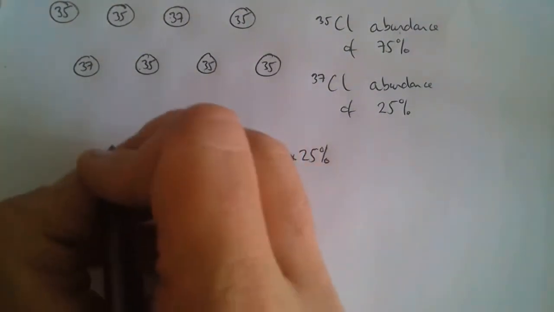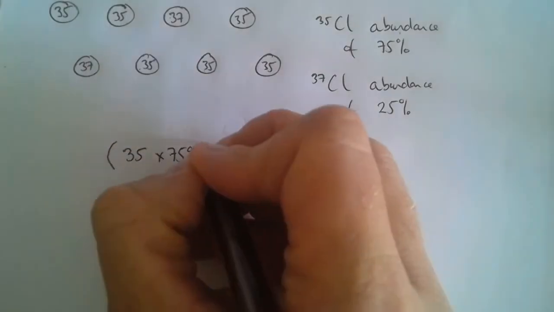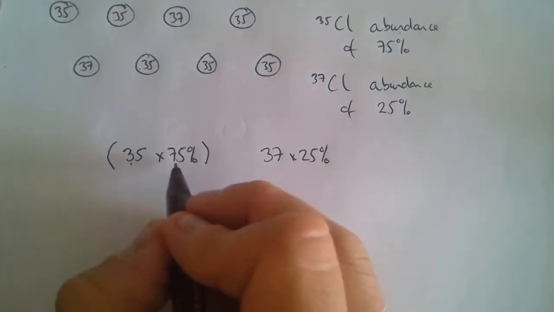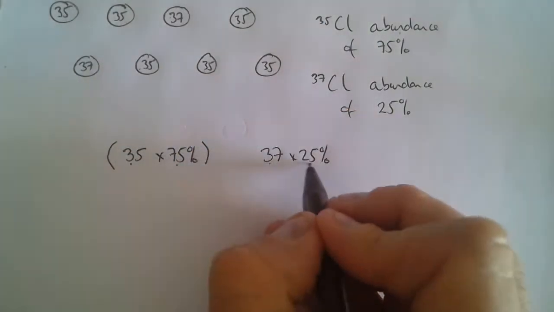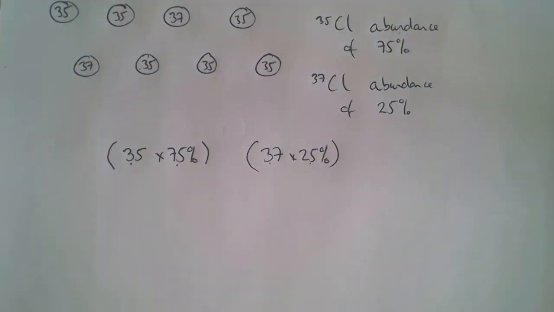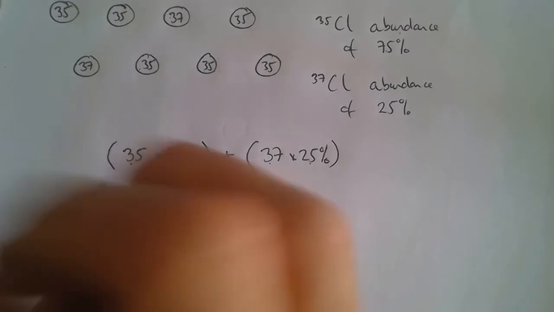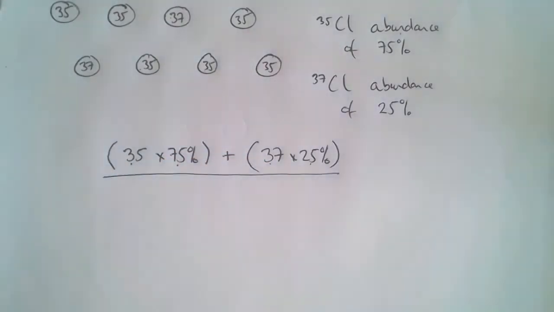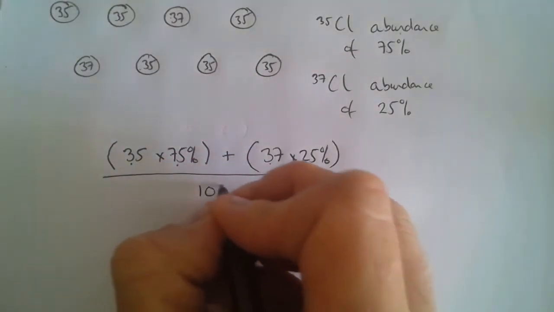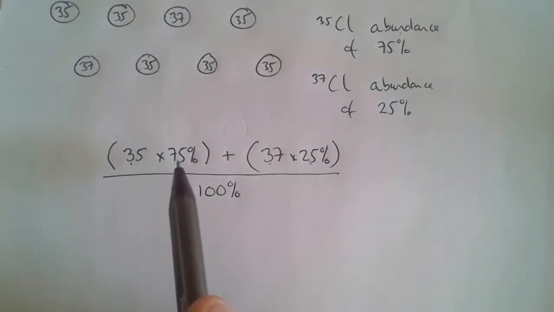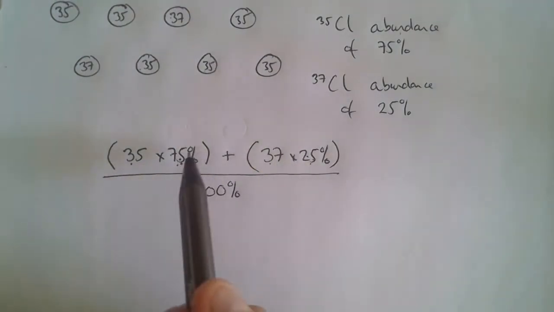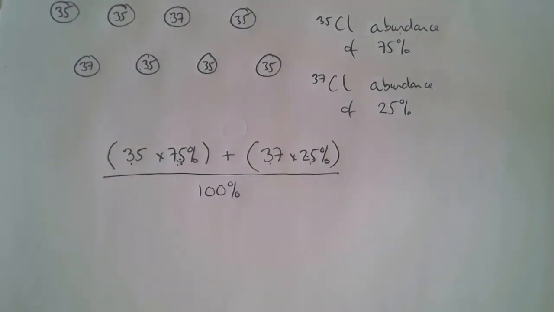Now, to do my weighted mean average, I need to multiply the mass by its abundance and the mass by its abundance. And then I need to add those together. And then I'm going to divide by 100%. The reason I'm going to divide by 100% is my abundances all add up to 100%.